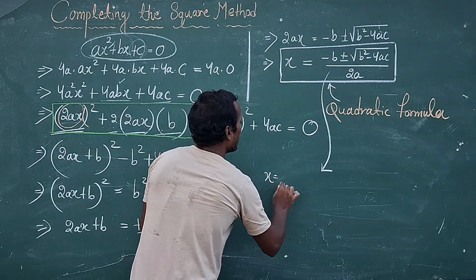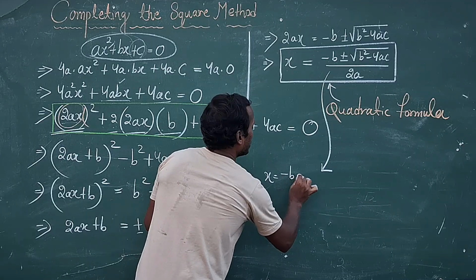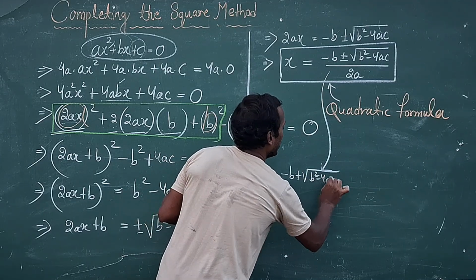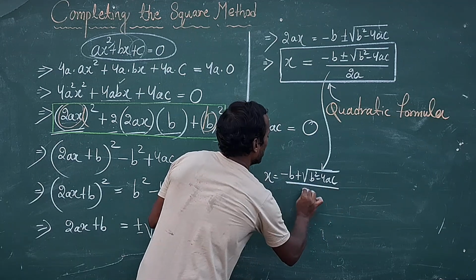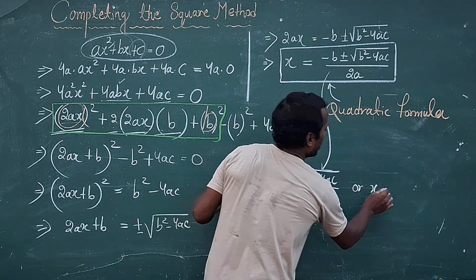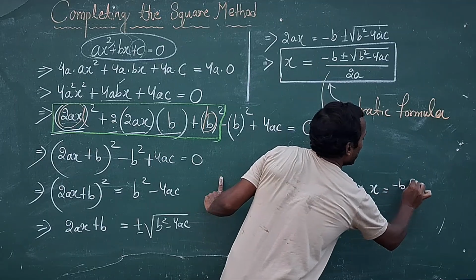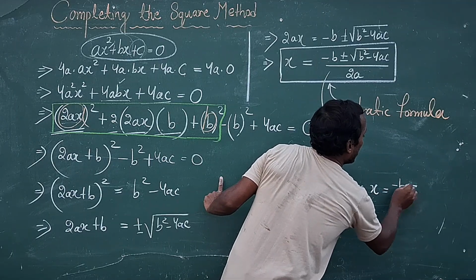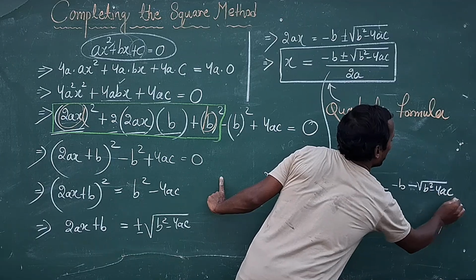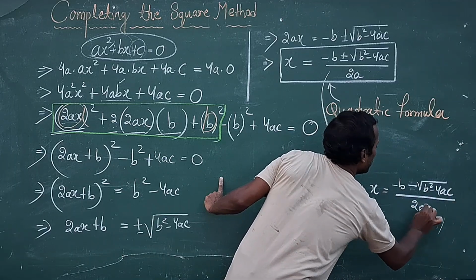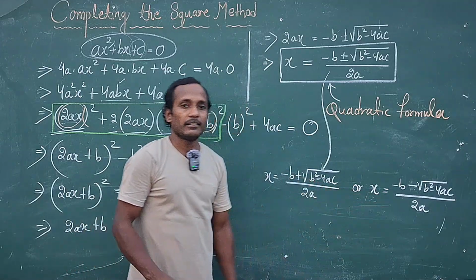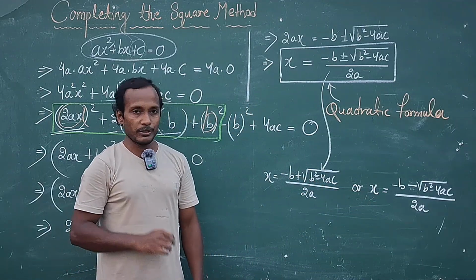So x is equal to minus b plus square root of b square minus 4ac by 2a, or x is equal to minus b minus square root of b square minus 4ac by 2a. These two are roots of the quadratic equation.